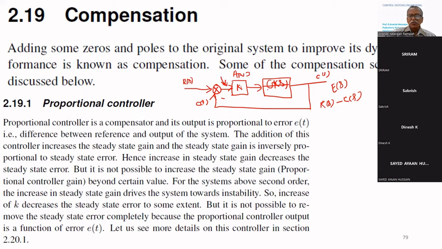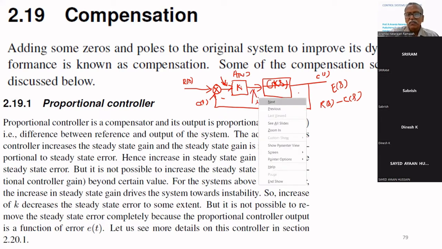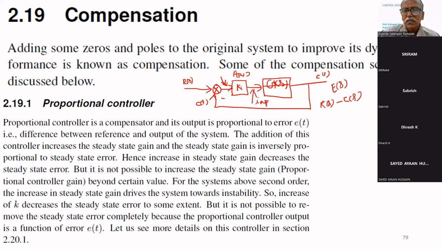In other words, the input to the system is an amplification of the error, or the input to the system is proportional to the error. That's why it is called a proportional control.